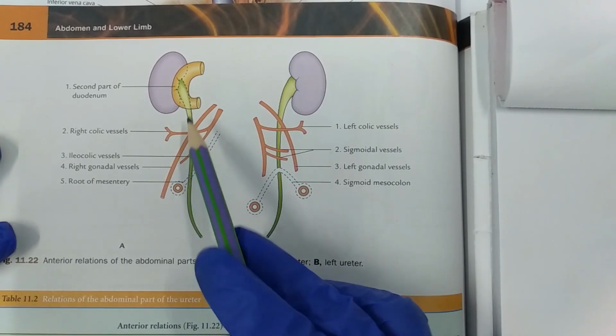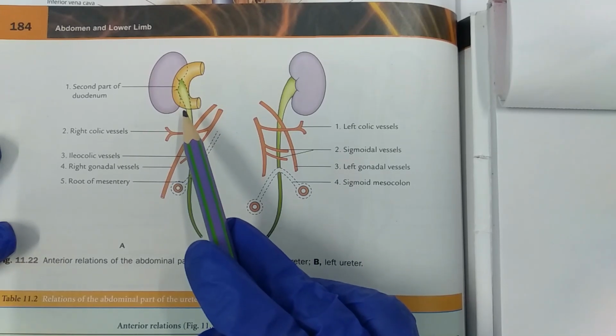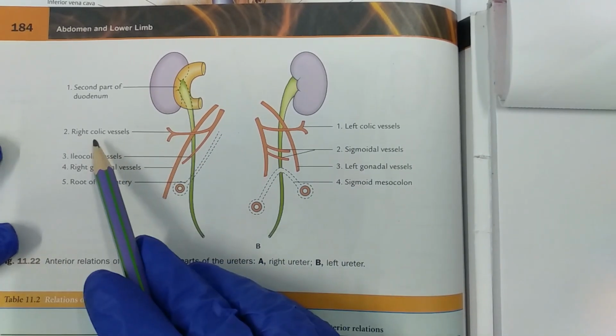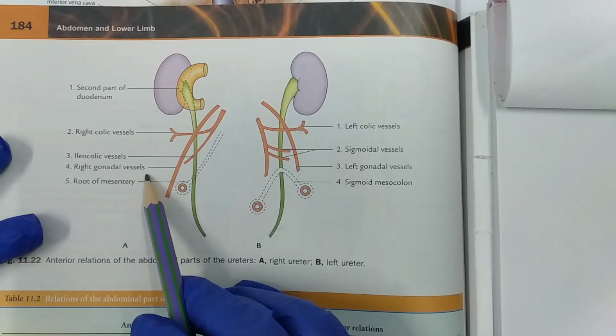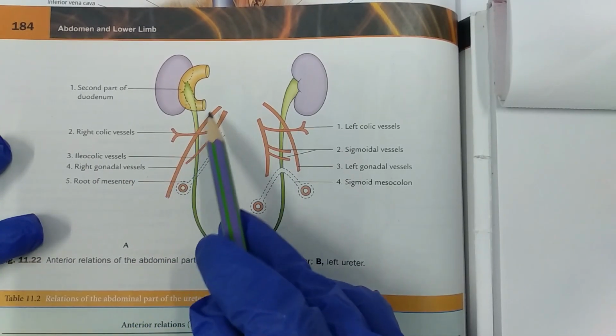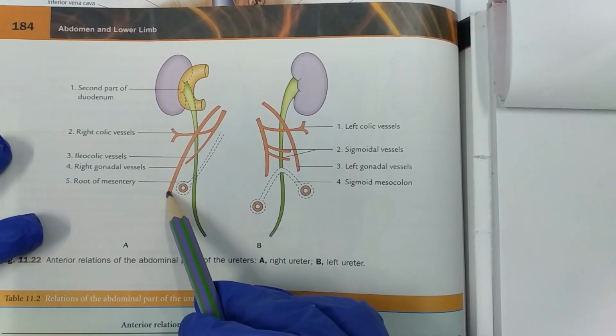On the right side, the first is the parietal peritoneum and the second is the right gonadal vessels.